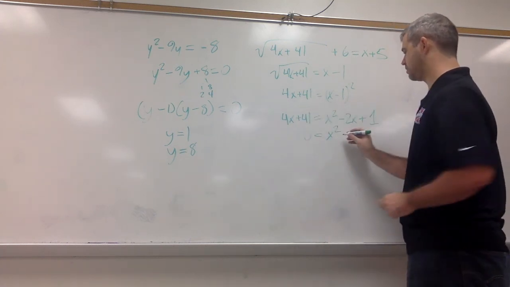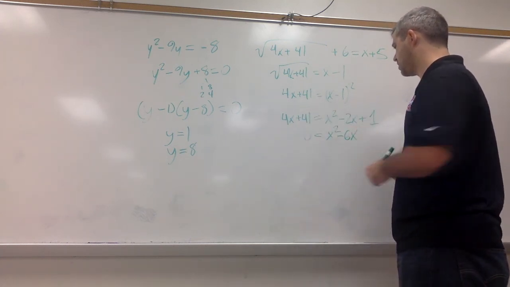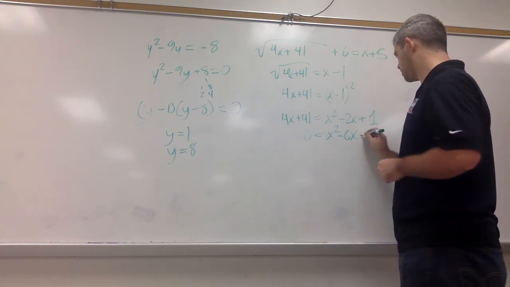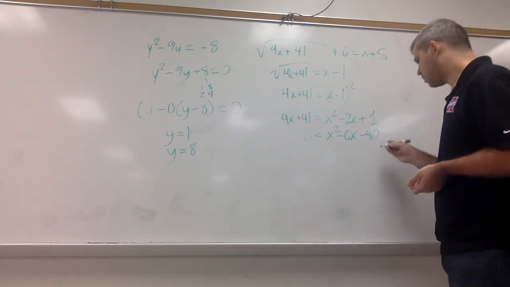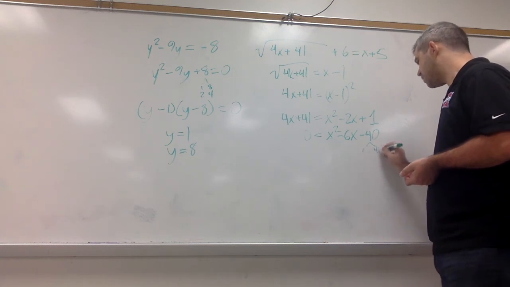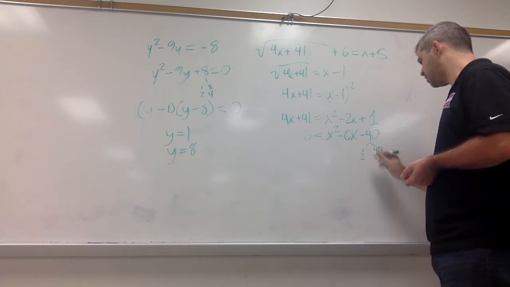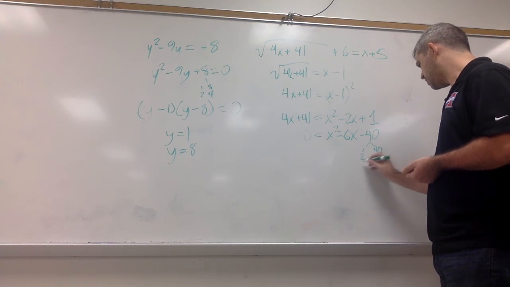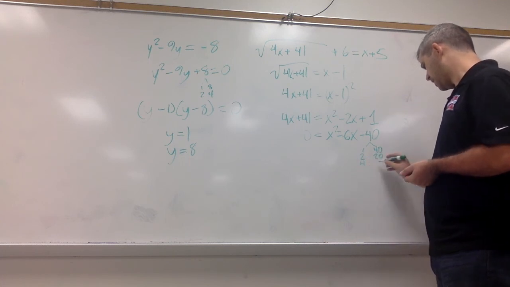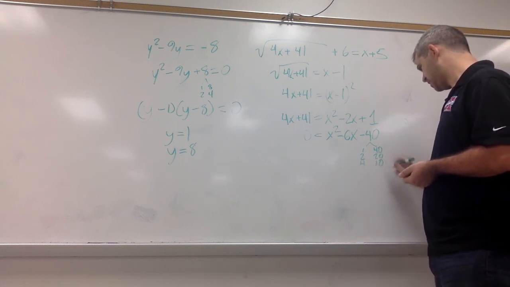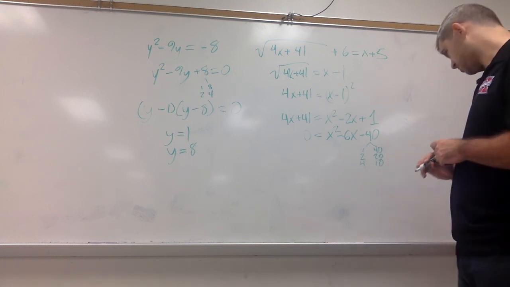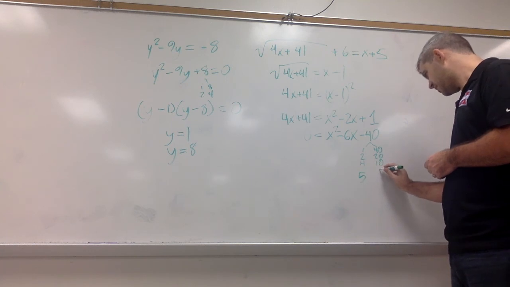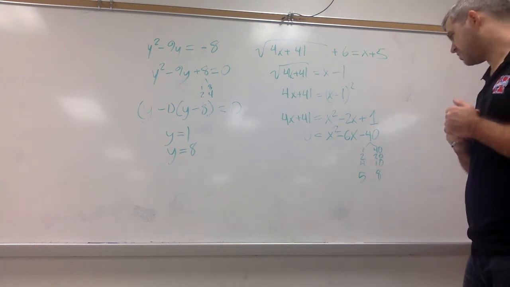Minus 4x, so this is going to be minus 6x, minus 41, so this is going to be minus 40. I'm going to check real quick and see if we can factor this, because that would be nice and easy if we could. 1 and 40, 2 and 20, 4 and 10, and 5 and 8. I think that's all our possibilities.